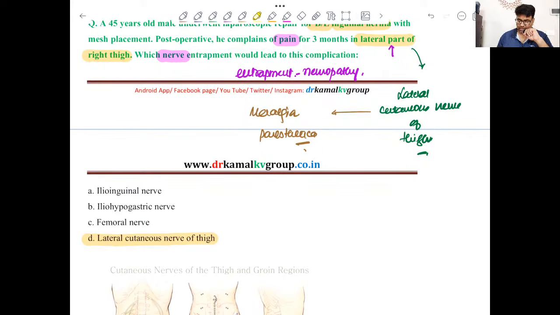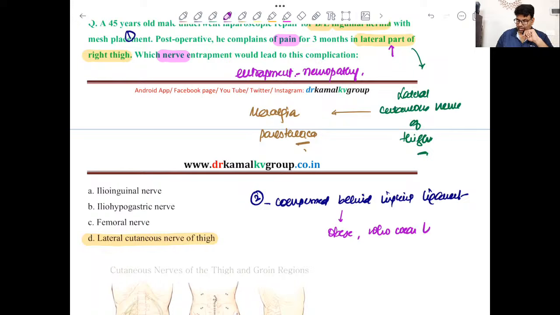Sometimes it is entrapped or compressed behind the inguinal ligament. So this is one scenario, and this is another scenario: especially we see this kind of presentation in obese persons or who wear tight clothes like underwear or pajama, whatever.